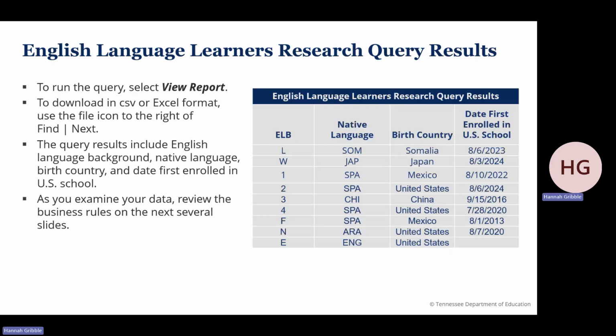To run the query, select View Report. To download in CSV or Excel format, use the file icon to the right of Find Next. The query results include English language background, native language, birth country, and date first enrolled in a U.S. school. As you examine your data, review the business rules on the next several slides.